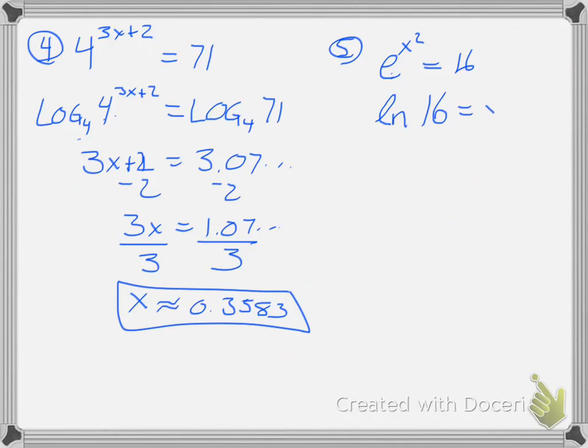So ln of 16, log base e of 16 is equal to x squared. And what I can do there is take the square root of both sides, and then I have x is equal to, because I took square root of both sides, remember the plus or minus, 1.6651.